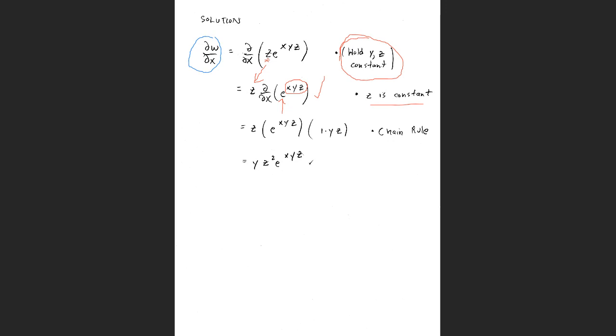By the chain rule, the derivative of the exponential function is just itself, and then the derivative of xyz is: the derivative of x is 1, and y and z are treated like constants. So already Hyunyu's liking this. And this is your answer. Please let me know if you have any questions.